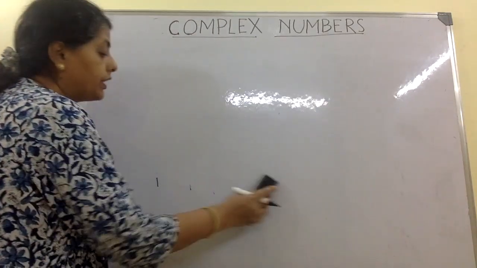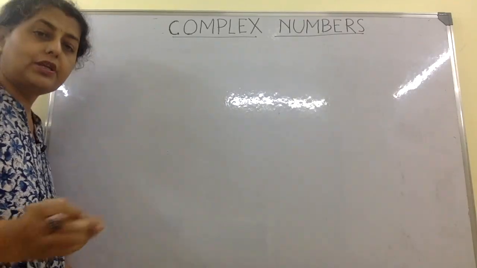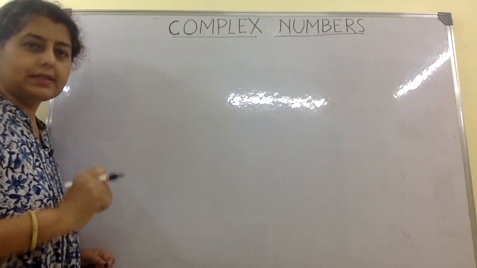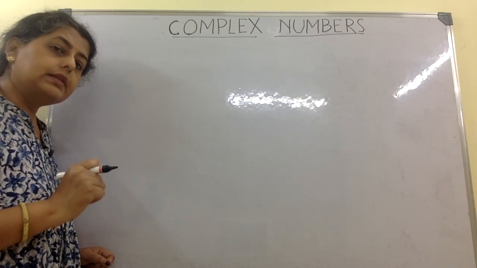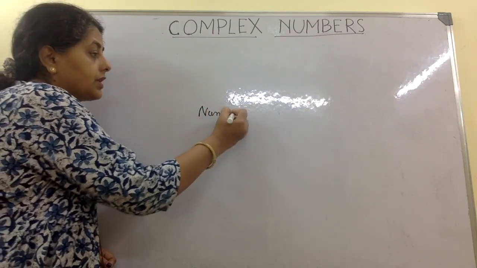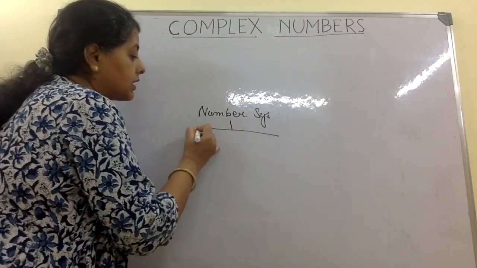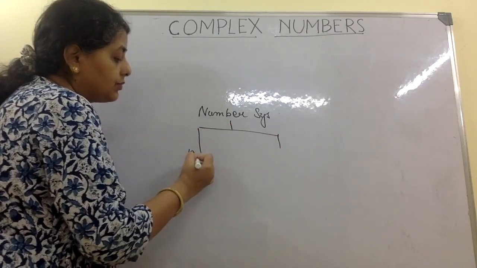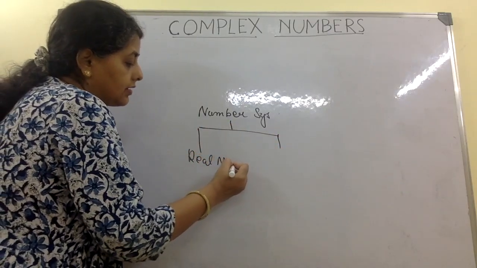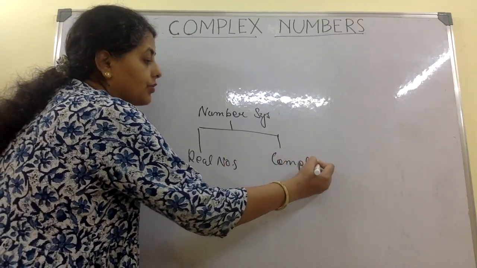When you did real numbers in 10th standard, the entire number system is divided into two parts. One is real numbers and one is complex numbers. That is what we are going to do now.